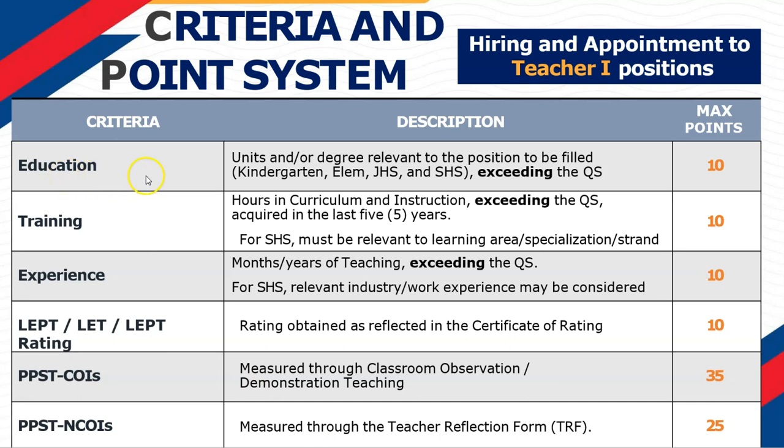Education, which would include units or degree relevant to the position to be filled, exceeding the qualification standard, 10 points. Training, which would include hours in curriculum and instruction, exceeding the qualification standard acquired in the last 5 years. For senior high school, this must be relevant to the learning area, specialization, or to the strand, 10 points.